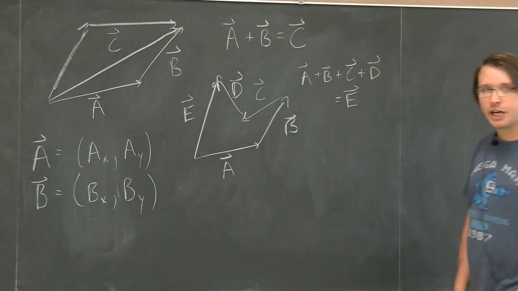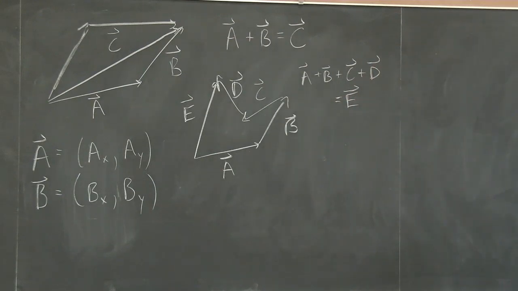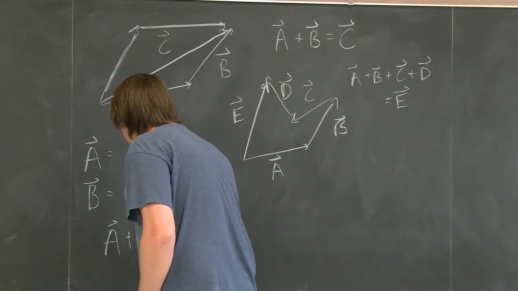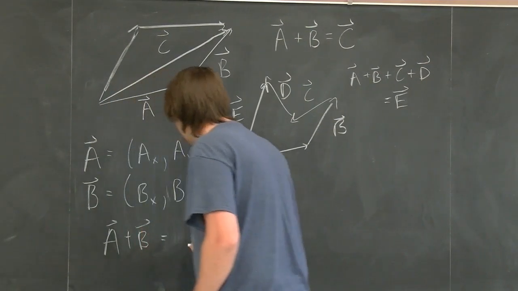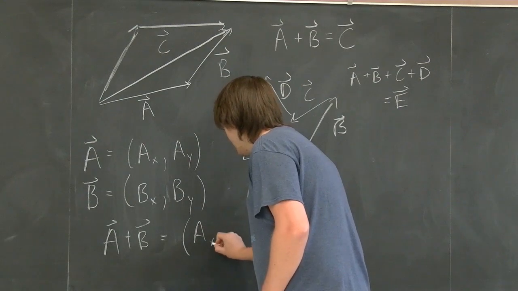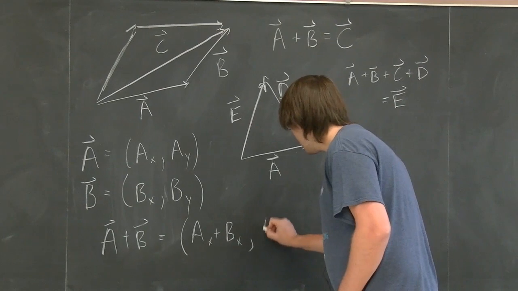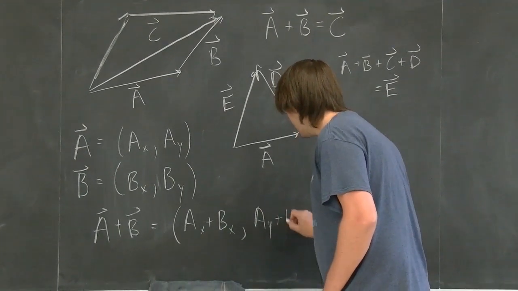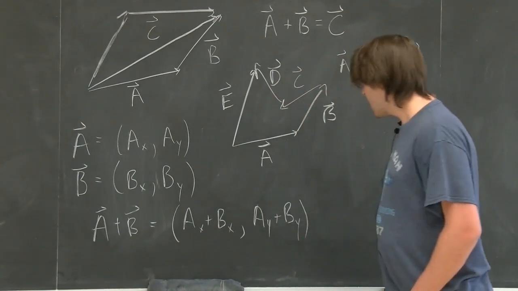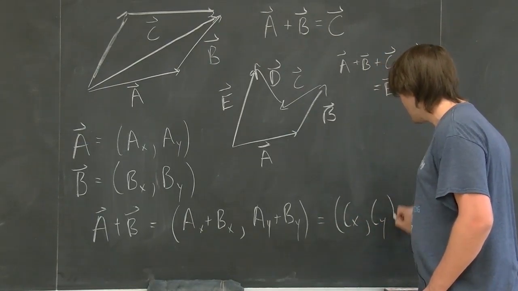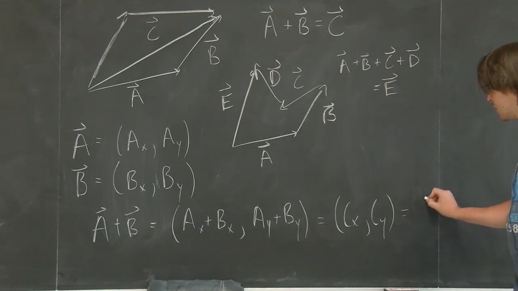When you add the vectors together, all the x components add together and all the y components add together. So here we would have A plus B equals AX plus BX for the x component, and AY plus BY for the y component. That would equal CX and CY if we're calling the sum of the vectors C again. And so that's the vector C.